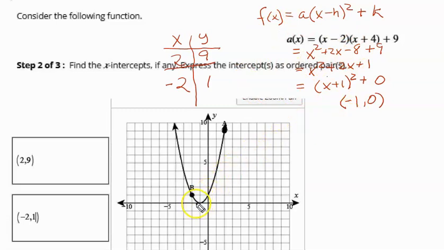So now I've found a number of things here. Now this only has the one point where it touches the x-axis, and that is also the vertex. Now my y-intercept I can find right there by saying if x is 0, what will my y be?